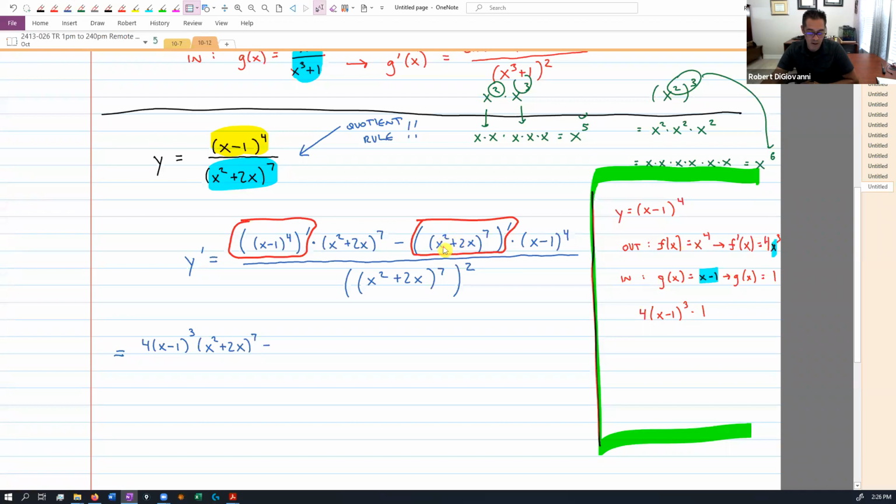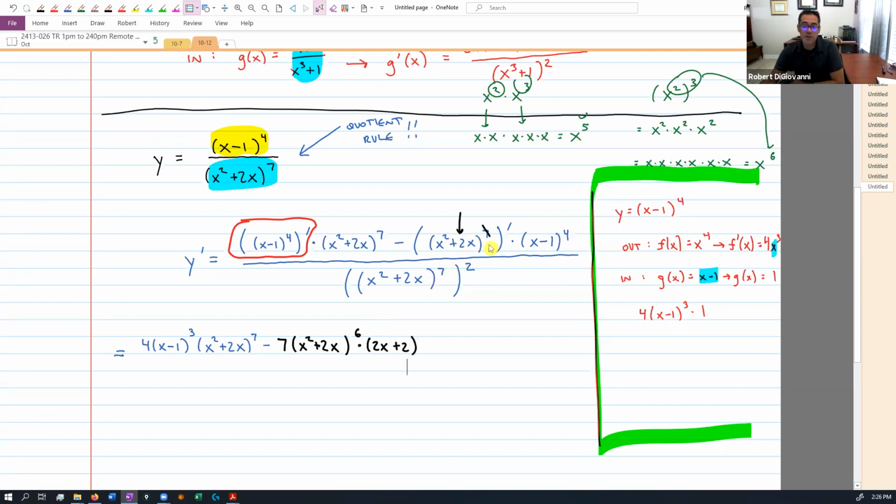I've got all this junk in here, which I will cover up with my towel. My towel to the 7th, that's going to be 7 times the towel to the 6th. And what was my towel? My towel was x squared plus 2x, times, now I've done the 7, I go in here and take the derivative of that, which is 2x plus 2.